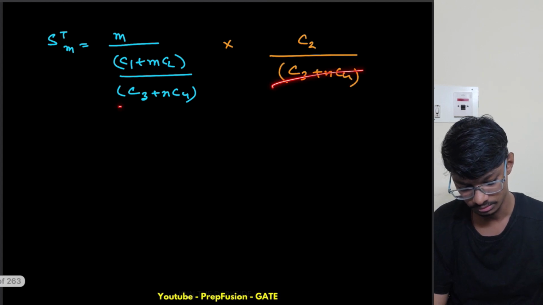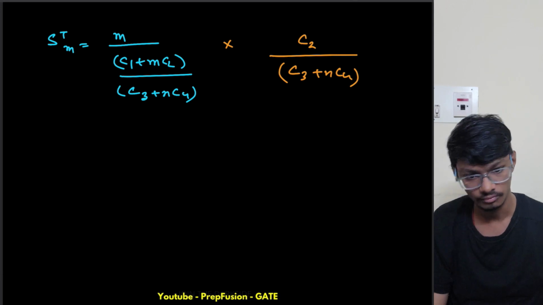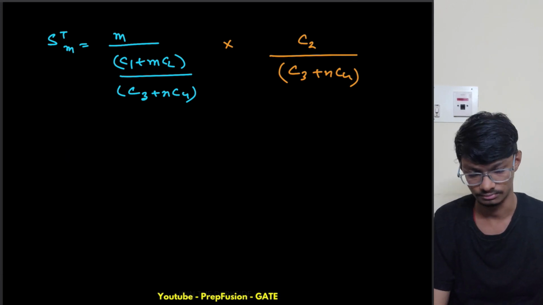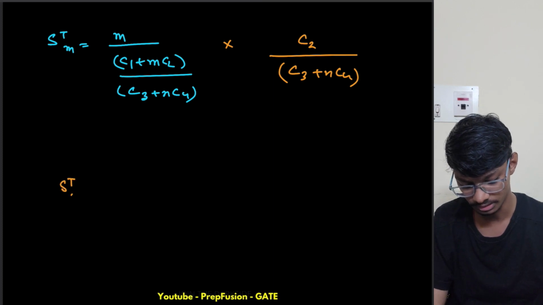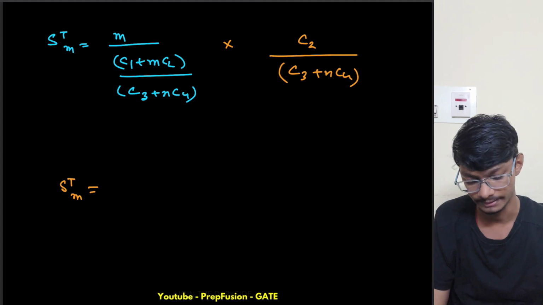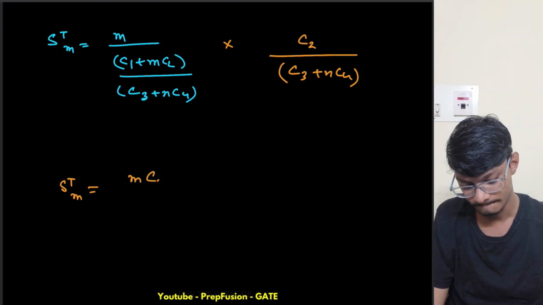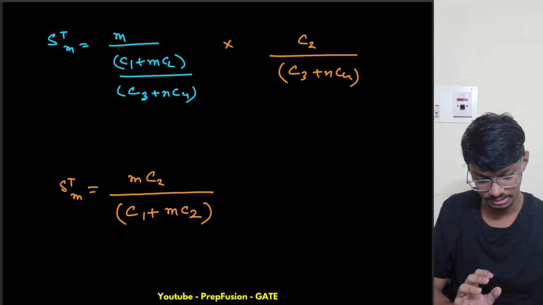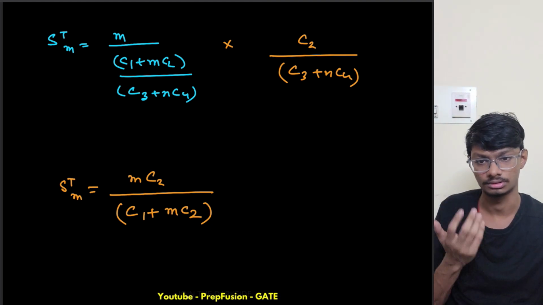Again this one gets cancelled, so what we are left with is the sensitivity m c2 by c1 plus m c2. This is just a mathematical solution, there is no significance to this, but this type of question may come in GATE. So this is the solution for that question.